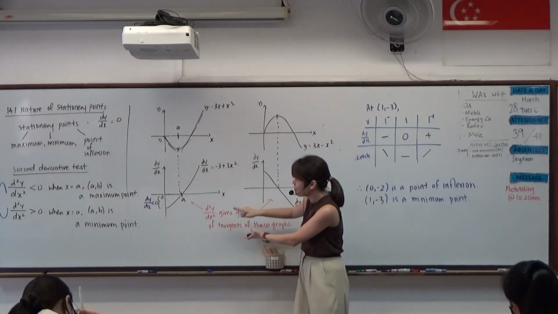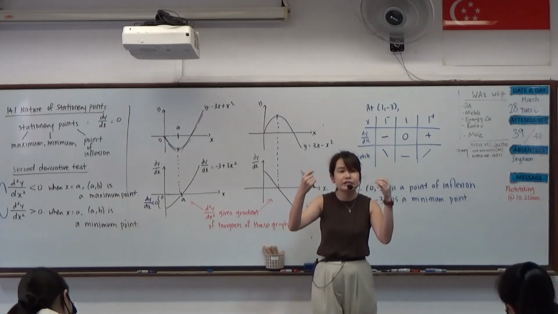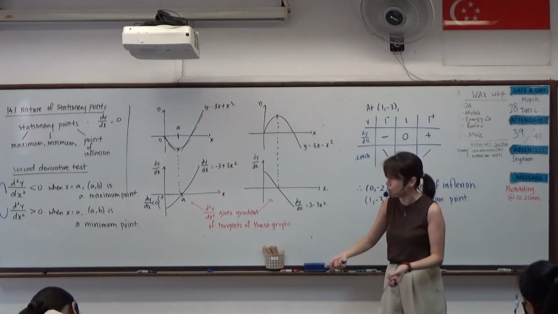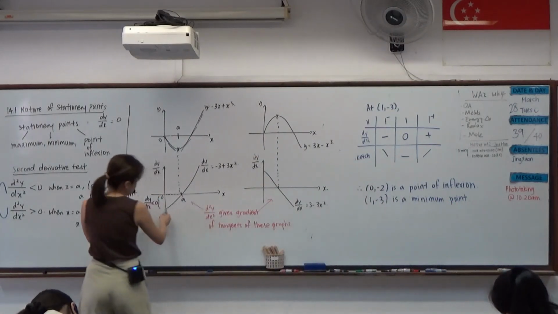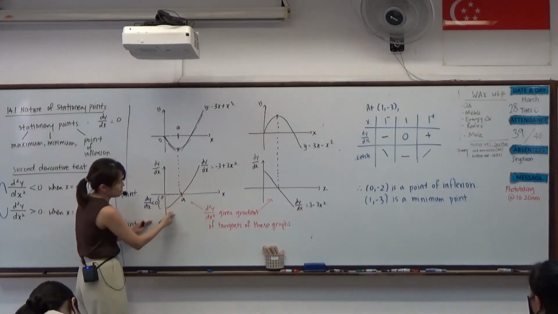Okay. So then after that, we look at the second derivative. We remember that every time we differentiate, we're looking at the gradient of the graph, or gradient of the tangents itself. So the second derivative, in this case, actually gives the gradient of the tangents of these graphs.